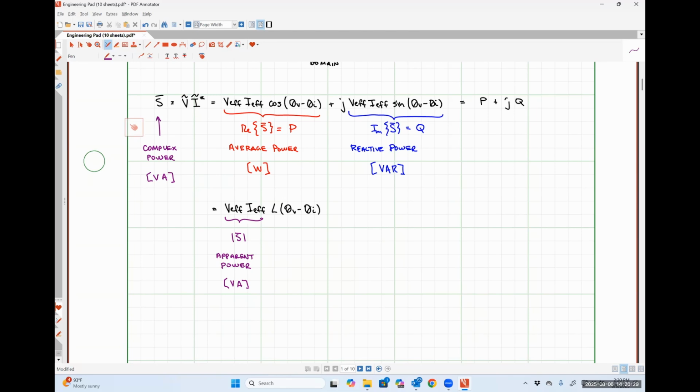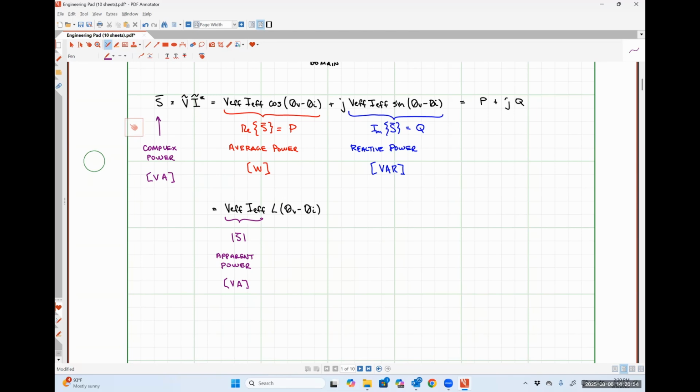For those of you that go into internships that work at electrical utilities or even manufacturing plants, you're going to use your volt ampere ratings to do all of your panel schedules to figure out what size conductors you should be using for a given system. All of that is based off of your apparent power ratings.